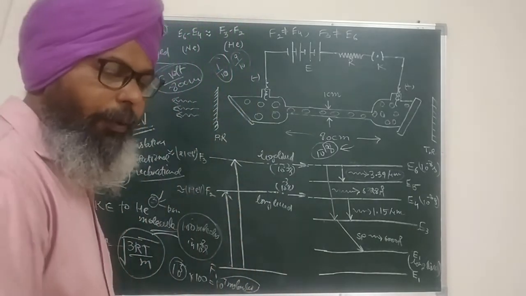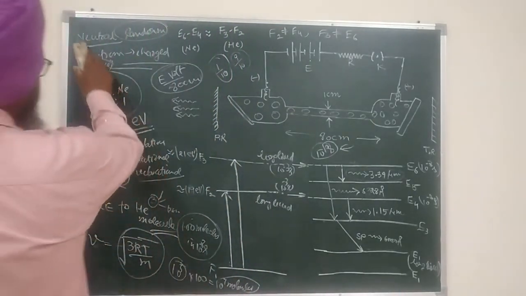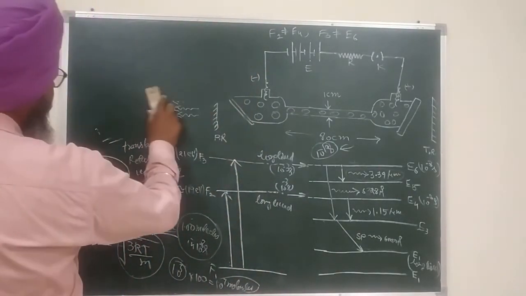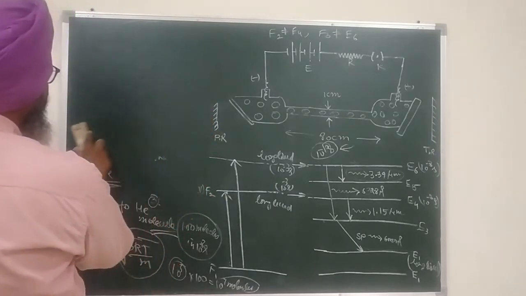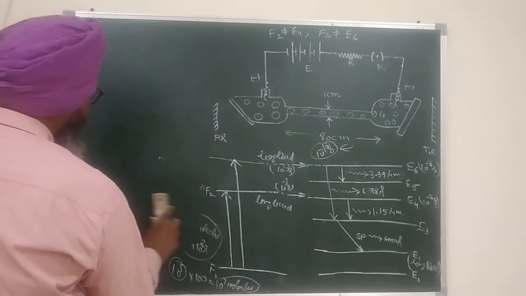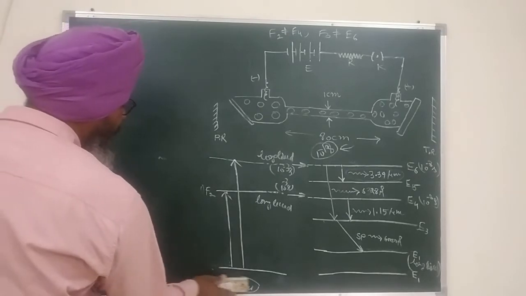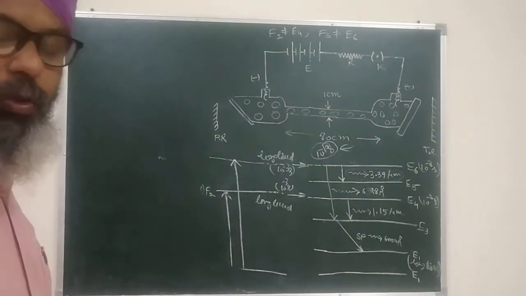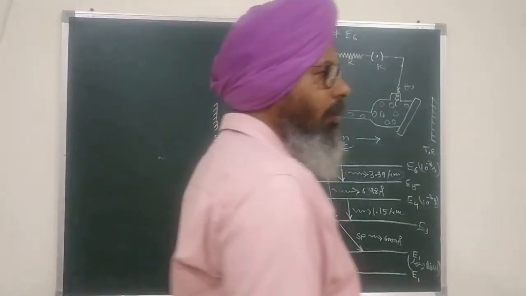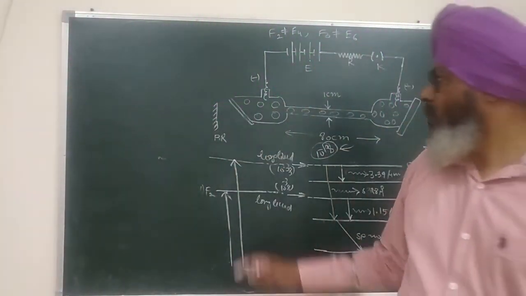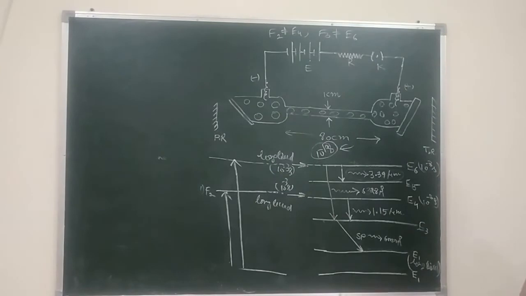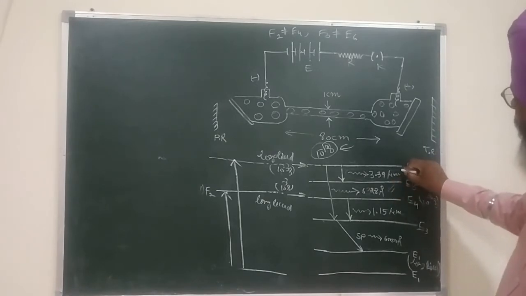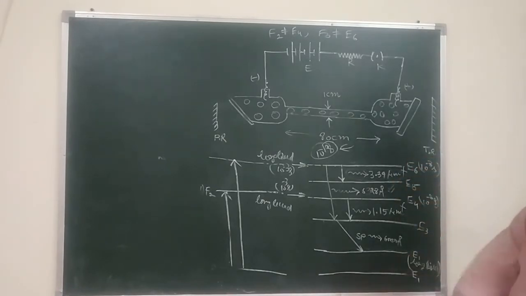Now, the optical resonator can be chosen in such a way that you get the condition of resonance only for this wavelength, 6328 angstrom. You can adjust the geometry of this optical resonator, the distance between these two mirrors, so that the condition of resonance is satisfied by this wavelength, not by this wavelength and not by this wavelength.